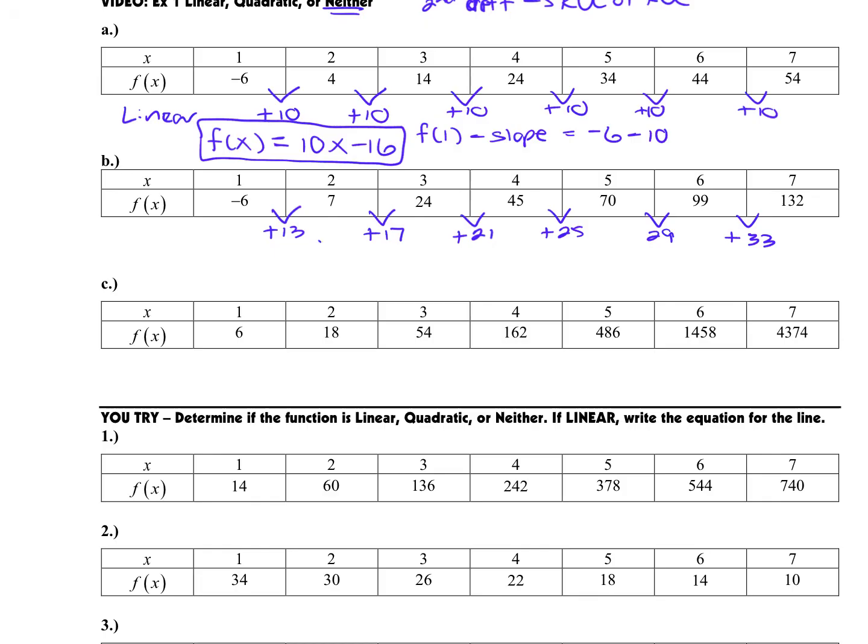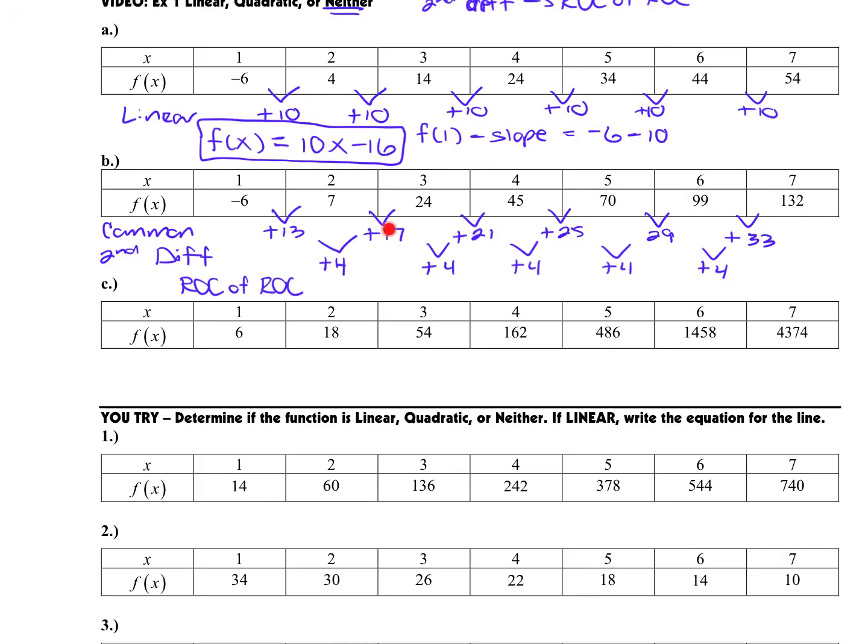If, however, we look at the difference of that common difference, we can now see that the difference between 13 and 17 is 4. The difference here is also 4, and 4, and 4, and 4. So we call this a common second difference. We will also eventually call this the rate of change of the rate of change.